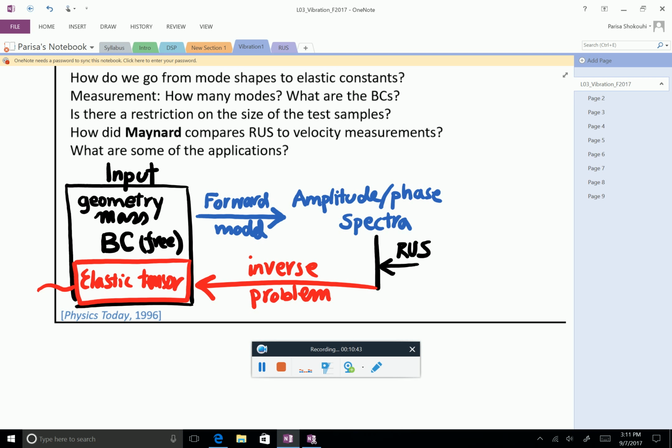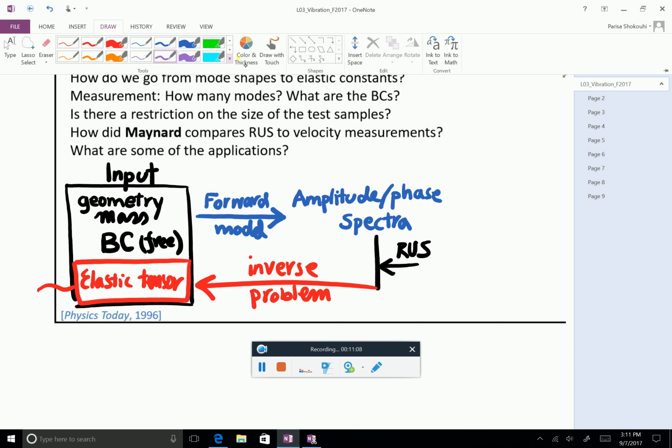Let me make it a little bit simpler. If you have a linear elastic material, do you think you need more measurements than when you have a totally anisotropic material? No. So the more anisotropy we have, the more measurements we need to take. But something else is that typically you have many more modes.